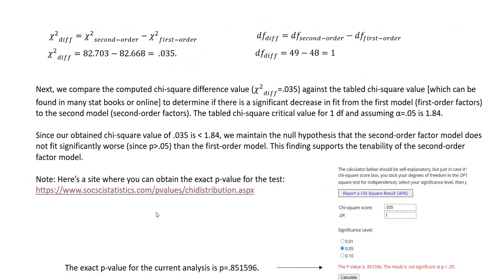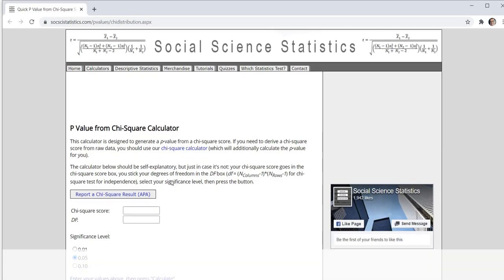Now if you would like to obtain a p-value for your chi-square difference test, there's a number of websites online where you can compute them for a chi-square distribution. I've provided a link in the PowerPoint, so I'll just briefly click on that and take us to one. So this is it right here.